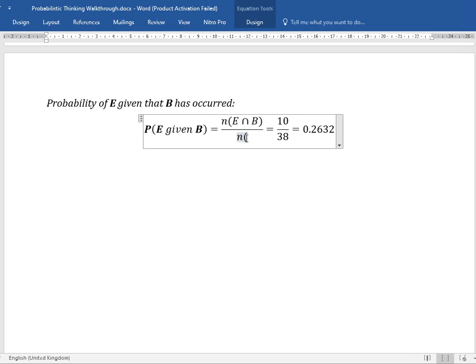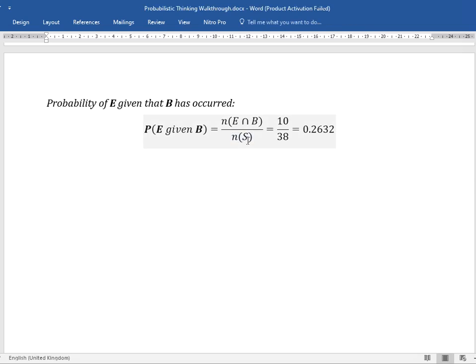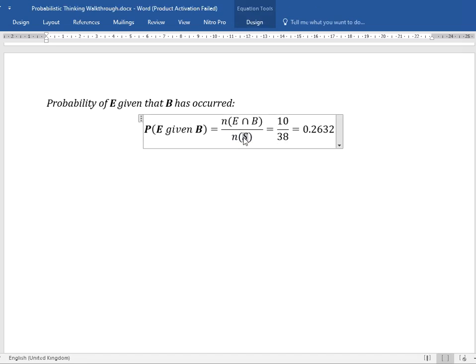What's the sample space now? Is it the entire S? Is this correct? Which means 10 over 38. No. B. So what are we going to have here? B. Black. Okay, B. So this is the probability of getting an E given B.